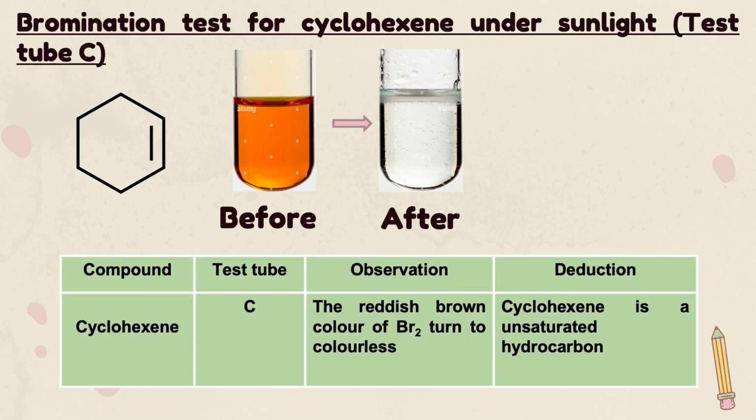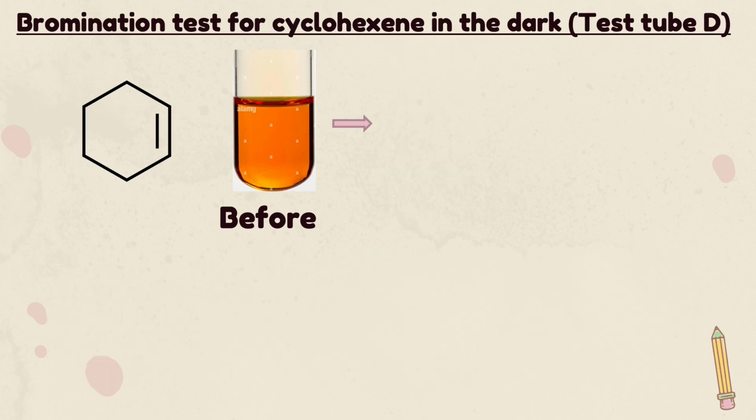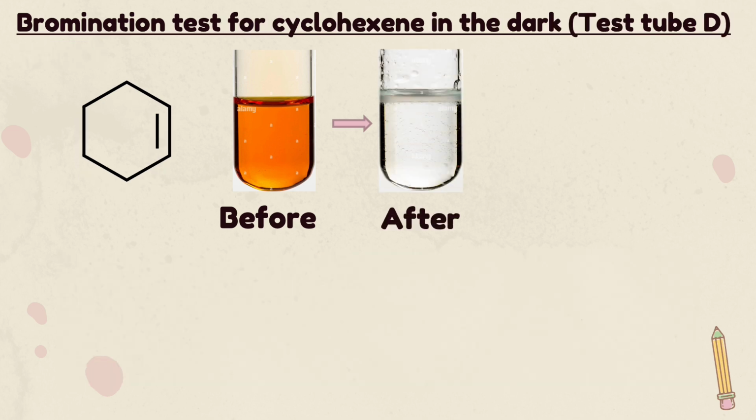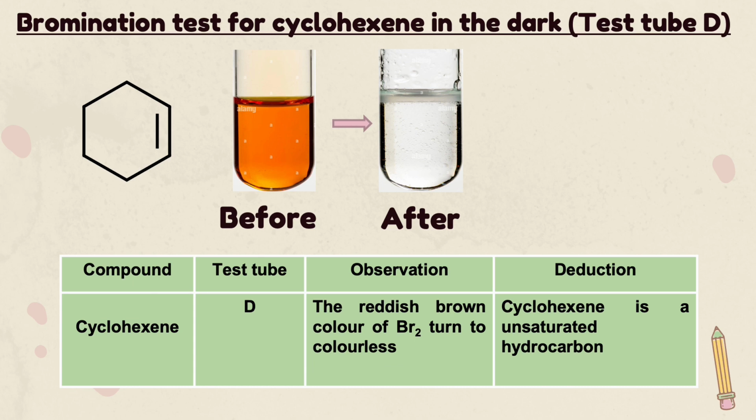The observation you can make is that the reddish brown color of bromine turns colorless. The deduction is that cyclohexene is an unsaturated hydrocarbon, because we know it has a double bond, that's why we call it unsaturated. Now if I cap it in the dark, it will be the same, because it is unsaturated. Unsaturated, whether you expose it to sunlight or cap it in the dark, will still react.